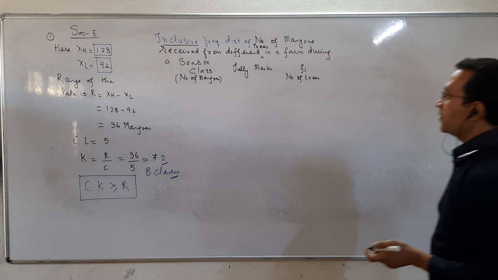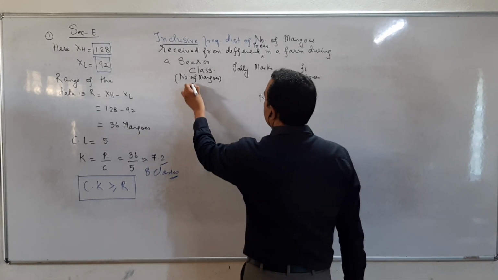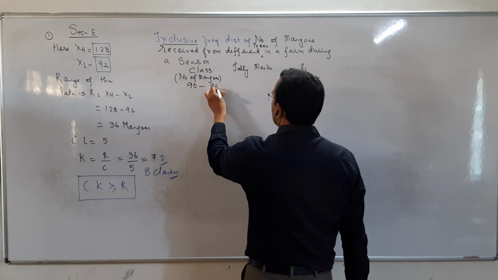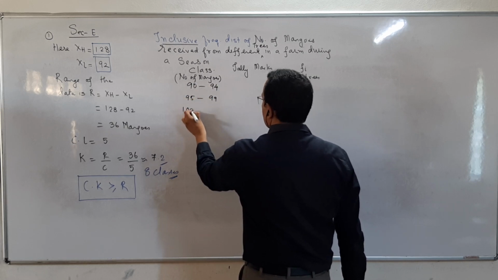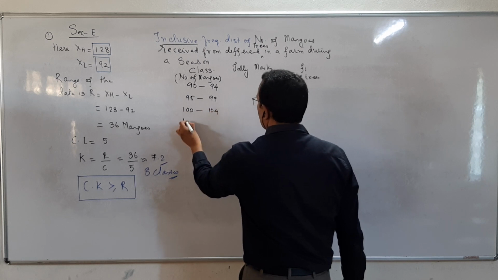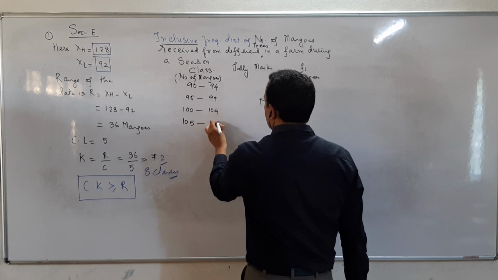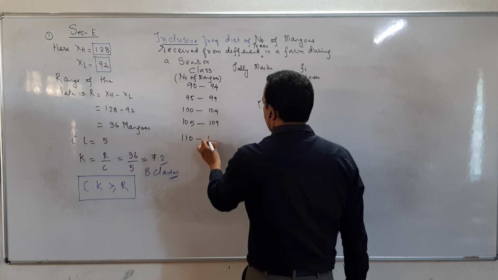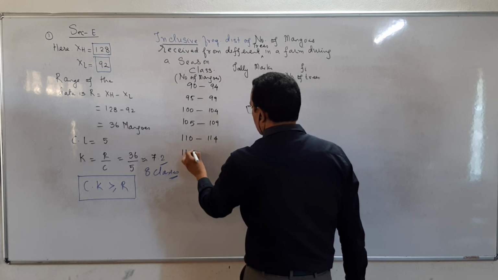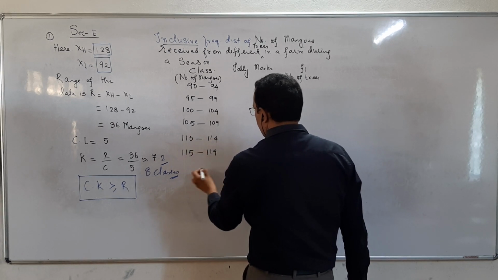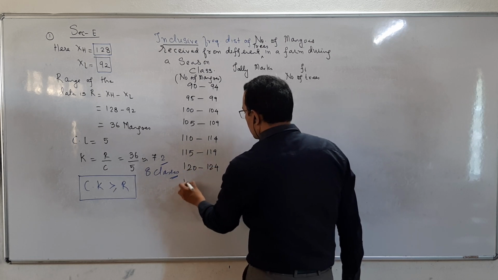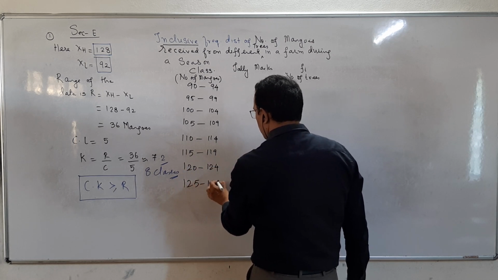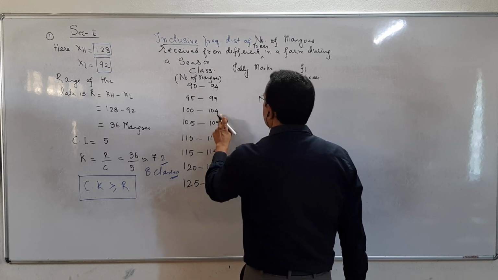Now students, the class limits are 90 to 94, 95 to 99, 100 to 104, 105 to 109, 110 to 114, 115 to 119, 120 to 124, and 125 to 129. That is 1, 2, 3, 4, 5, 6, 7, 8 classes.